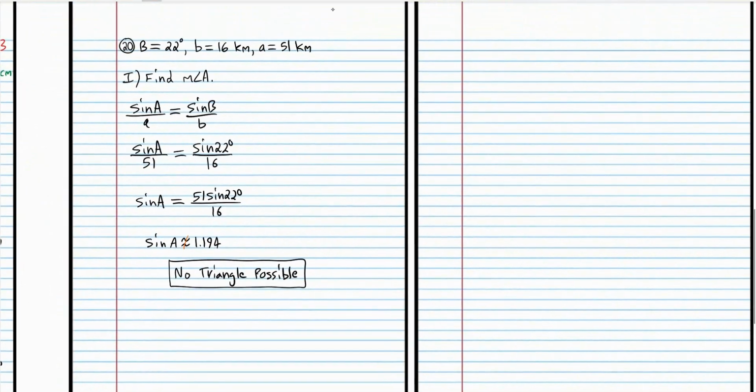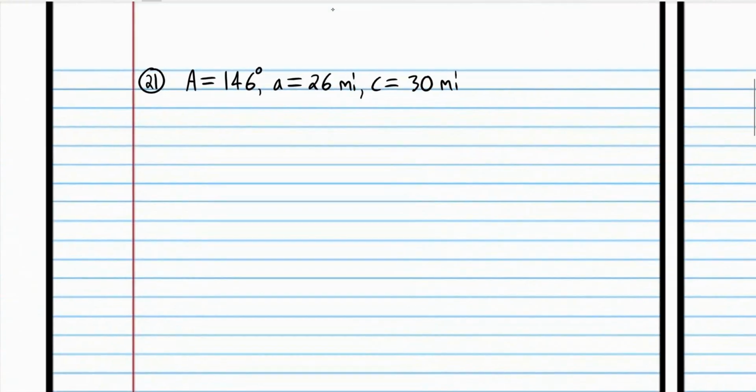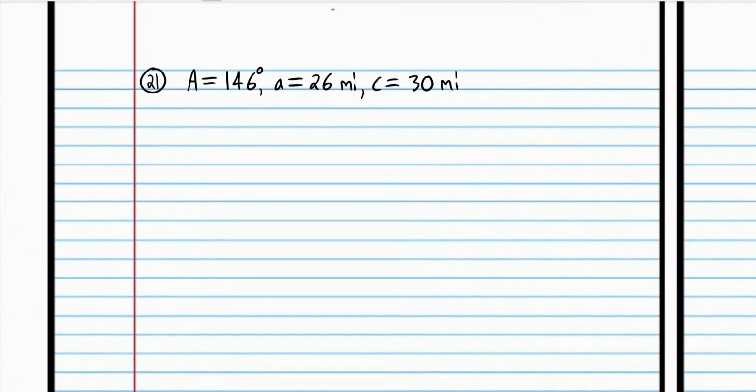So if you got that right, excellent. Okay, so again, we didn't need that extra space there. Try 21. We'll see what happens with 21. Again, there might be no triangle possible, one triangle, or two triangles possible. When you come back, we'll do it together.